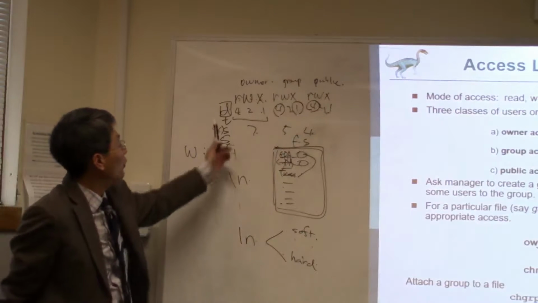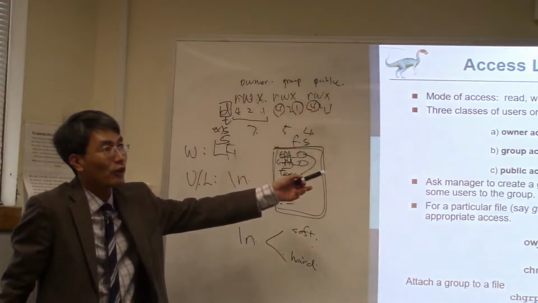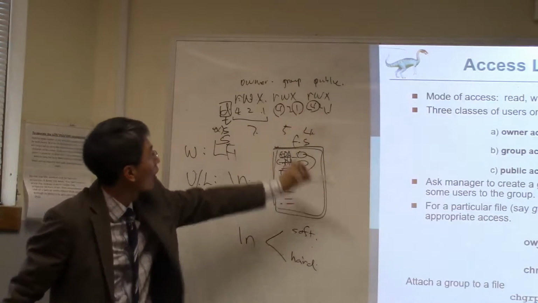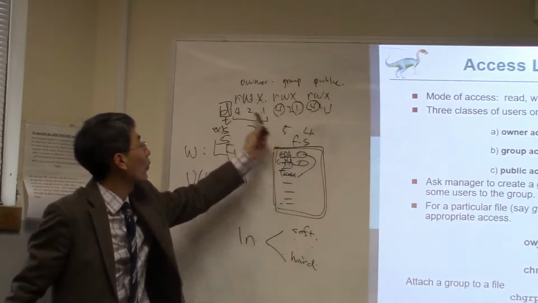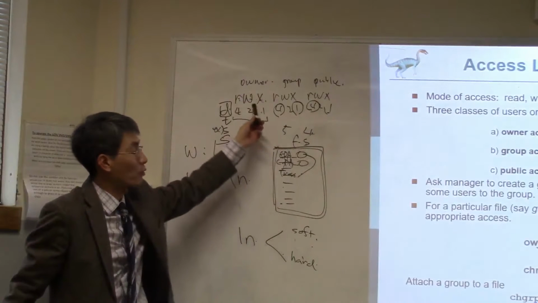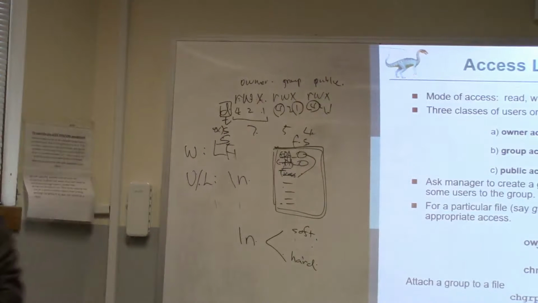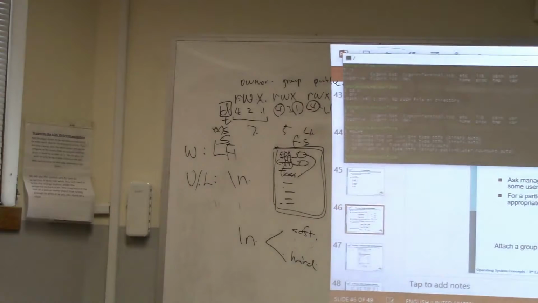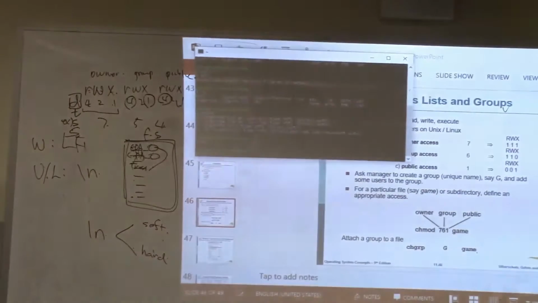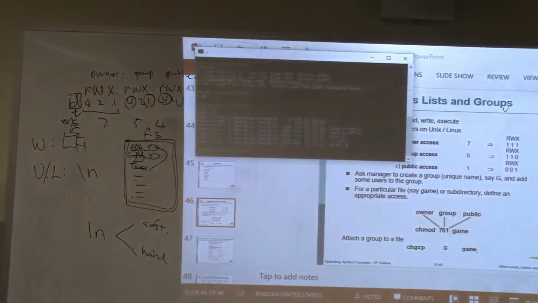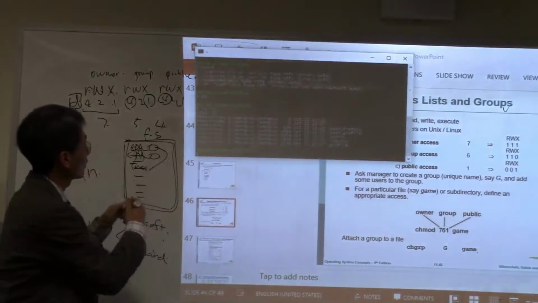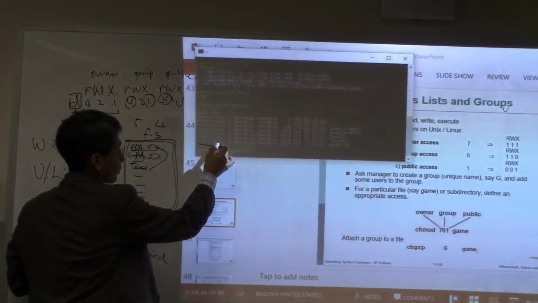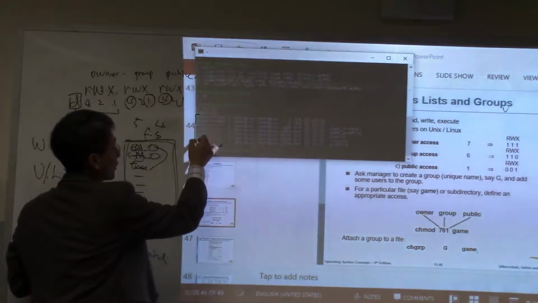When you are using a Linux or Unix system, you will see a permission like 754, read, write, execution, RWX. But you can see one more bit. There are 9 bits for read, write, execution, RWX, and one more bit.